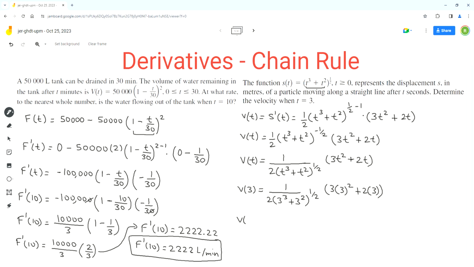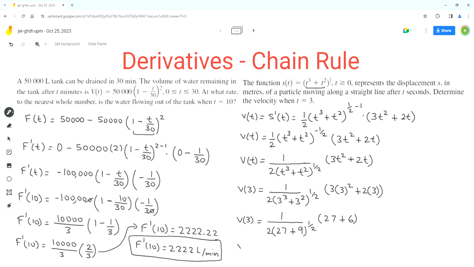So v at 3 equals 1 over 2, and in the parentheses, 3 cubed is 27 plus 3 squared, which is 9, and exponent half. And then the other parentheses, we get 3 times 3 squared. So 3 squared is 9, and 3 times 9 is 27, plus 2 times 3, which is 6.